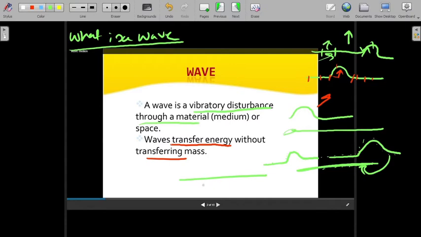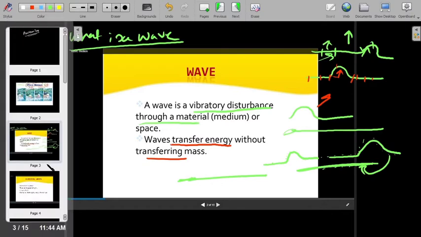There is only the vibration happening in the particles of the material. Only the transfer of energy, or the vibration of the material, is happening. I think it's clear to you. Let's move on to the next.